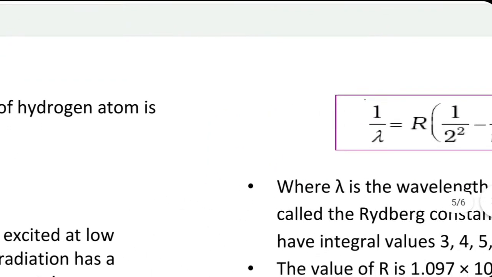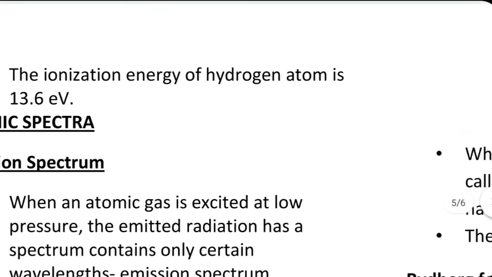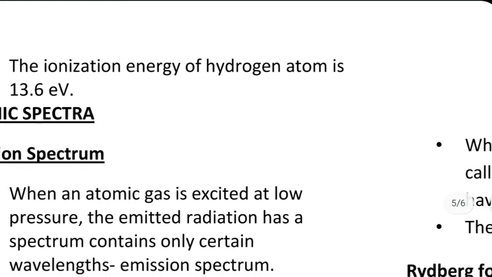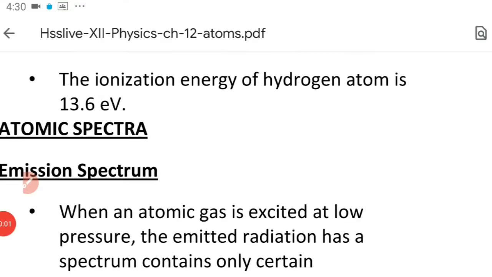In the case of the hydrogen atom, the ionization energy is 13.6 electron volt, because the hydrogen atom consists of only one electron and that electron has an energy of -13.6 electron volt. So to remove that electron from the hydrogen atom, we need to supply an energy of 13.6 electron volt. Therefore, the ionization energy of the hydrogen atom is 13.6 electron volt. Note that it is positive.